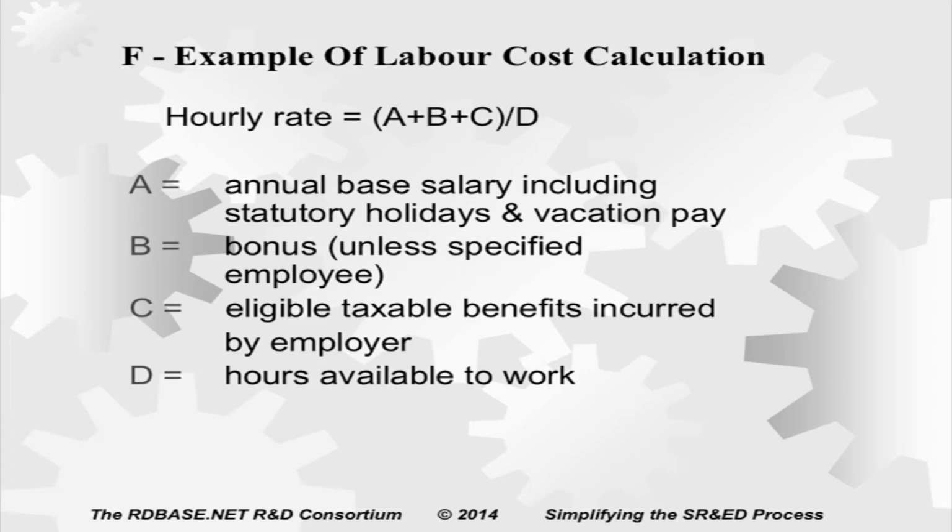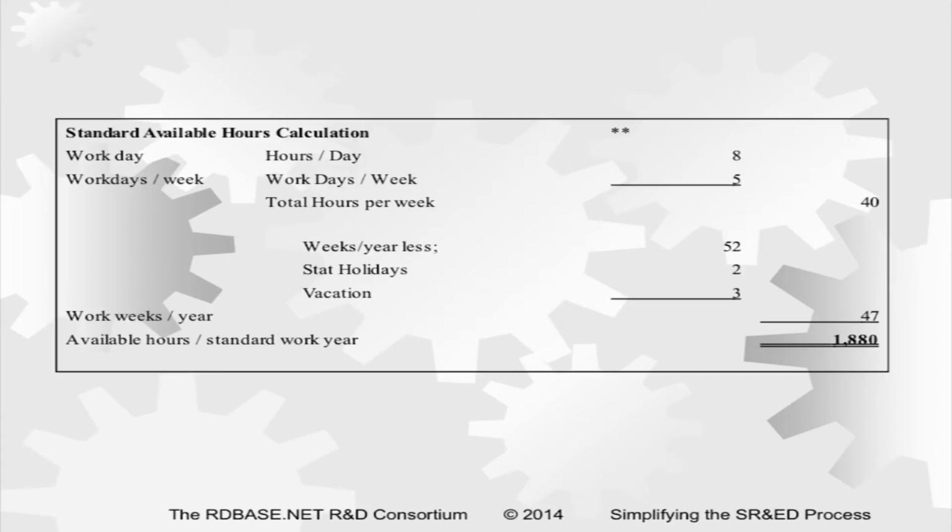Okay, this is just a quick example of the hourly cost calculation. What I like to do is take the T4 slip, the box 14, total earnings for a calendar year, and then figure out how many hours someone actually worked. If you have a time system that logs every hour, use the hours actually worked. If you don't, let's say someone's salaried, use the assumptions: an 8-hour day, 5 days a week, or 7-hour day, whatever it is, 52 weeks a year, less their stat holidays and vacation.